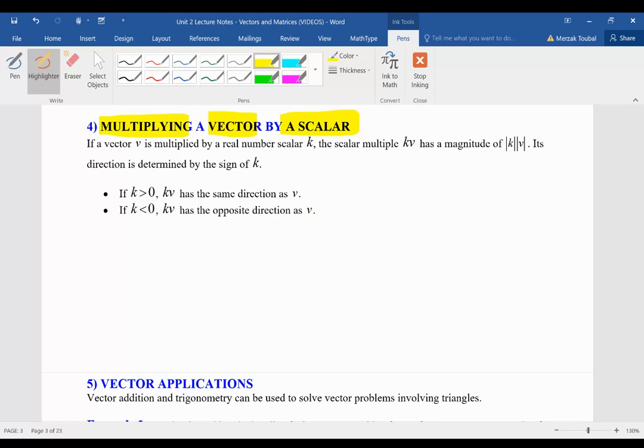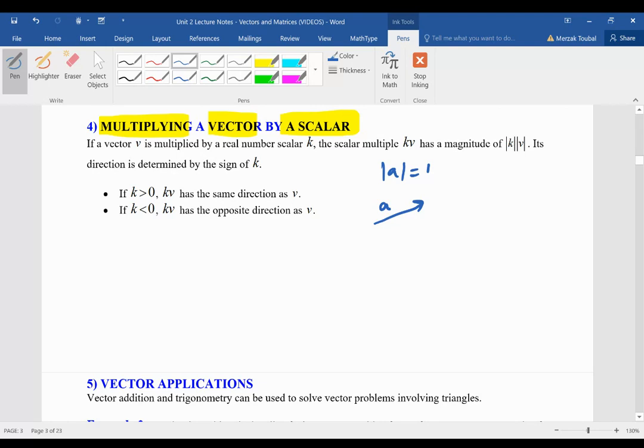So, for instance, this is vector A, and let's say the magnitude of vector A is 1. Let's make it a bit smaller. So this is vector A, and the magnitude of A is 1.